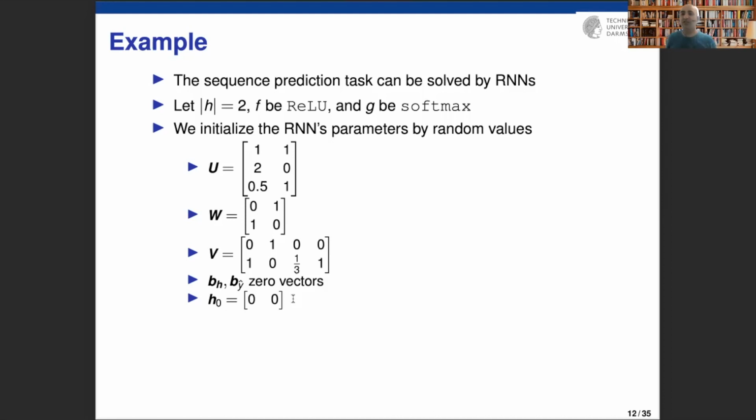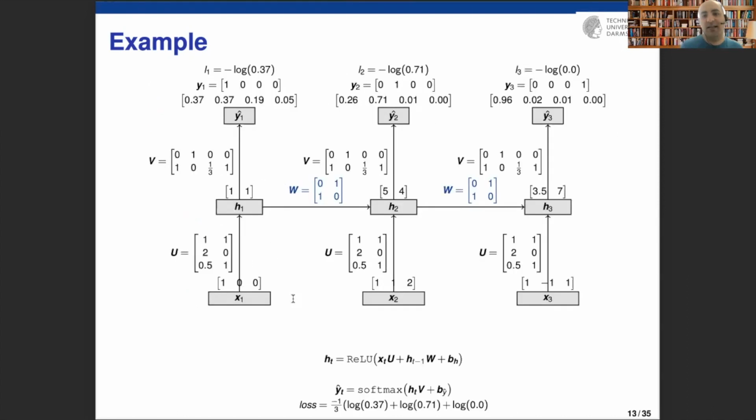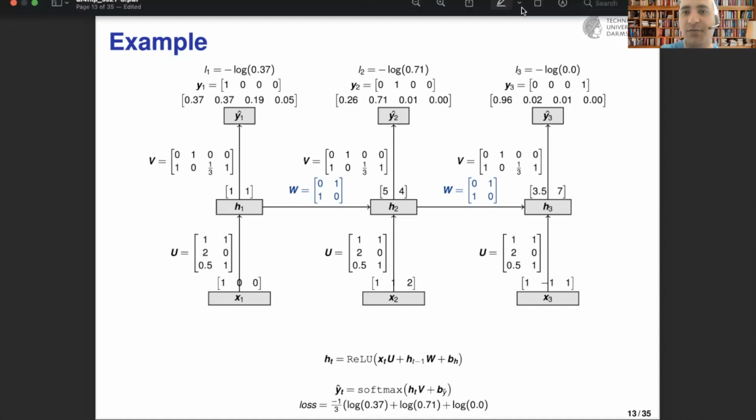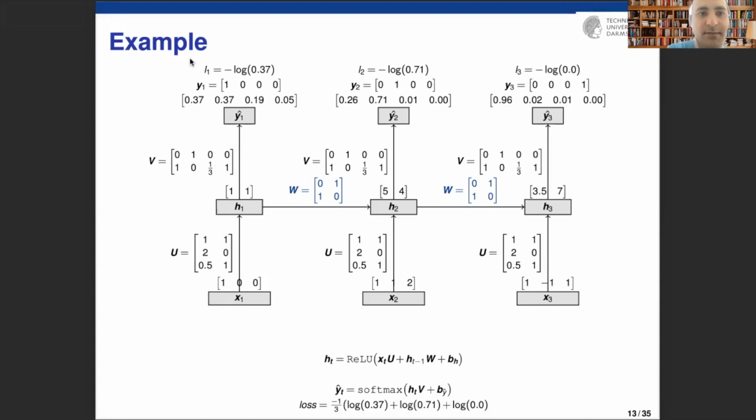So we need to initialize it as well, and we simply initialize it with 0. So 0 is the input. And now we can calculate the output of this RNN. Let me use my pen and we can go through this together.